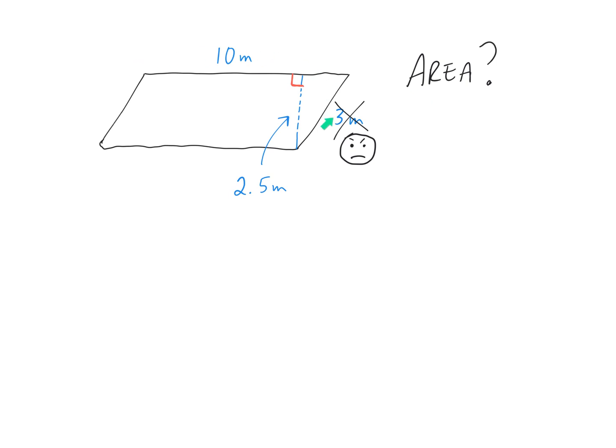So the area of this parallelogram is going to be 10 times 2.5, which gives us 25. Now our units will be meters squared, and that's how we find it. Okay?